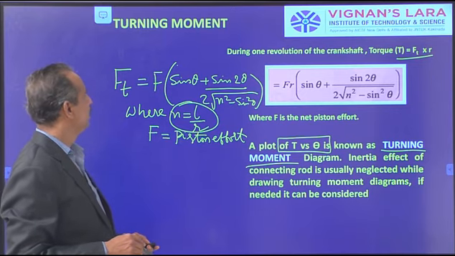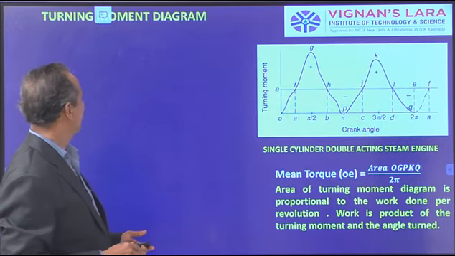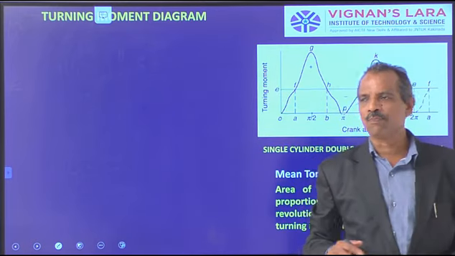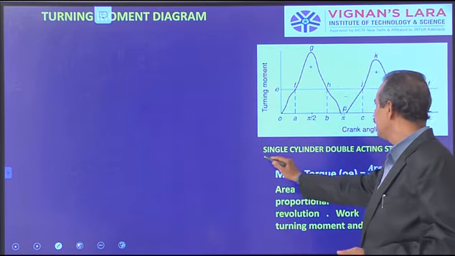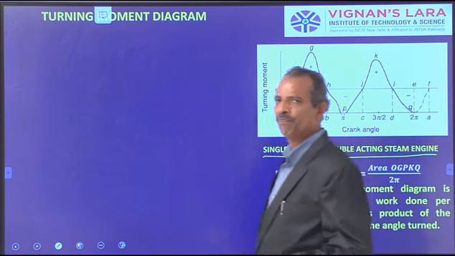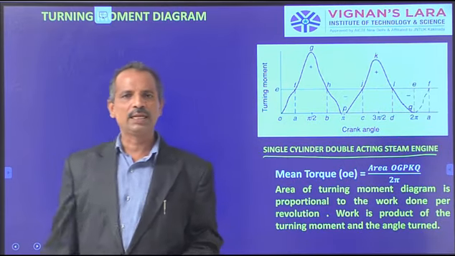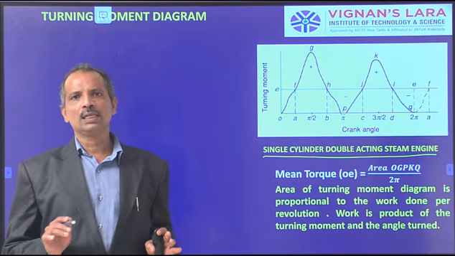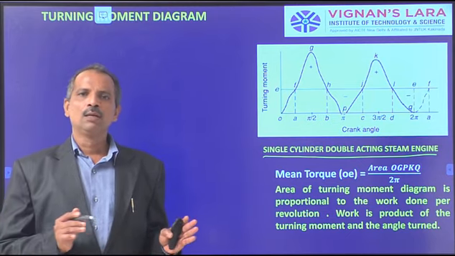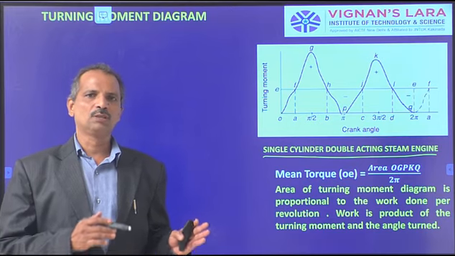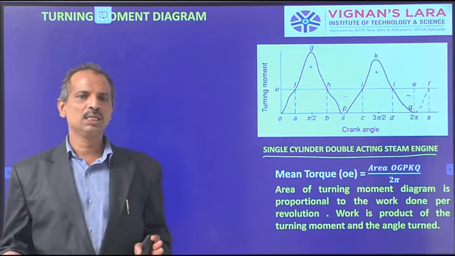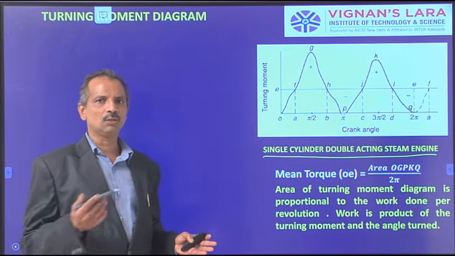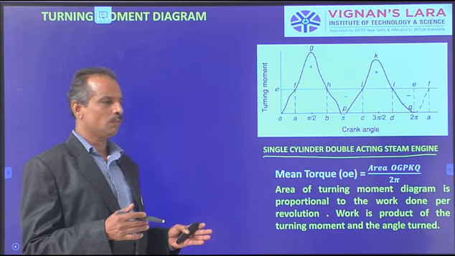Let us see various turning moment diagrams. This is one of the typical turning moment diagrams for a single cylinder double acting steam engine. You are aware of it. A single cylinder double acting steam engine gives power both from IDC to ODC and ODC to IDC, that is inner dead center to outer and outer to inner, because it is double acting, both sides.